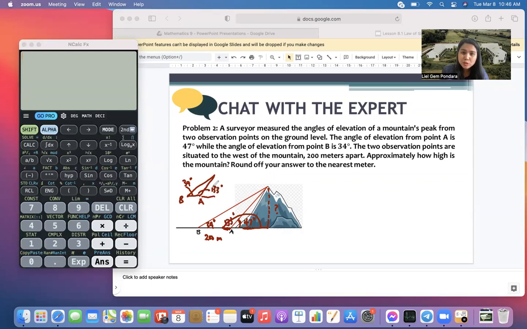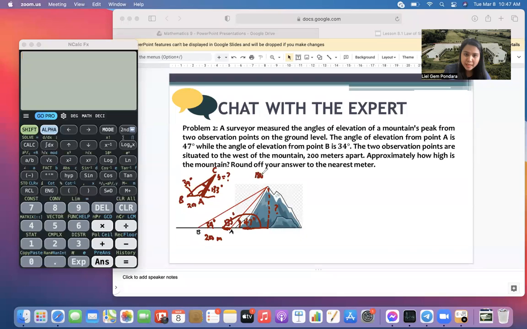Now what are we going to solve next? We need to solve for this side, and this is side B. So let's first solve for side B. But here the given is 200 meters and we still have one angle. So to solve for angle C, we need to subtract from 180.